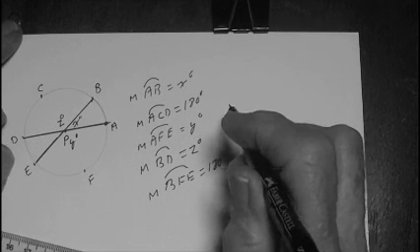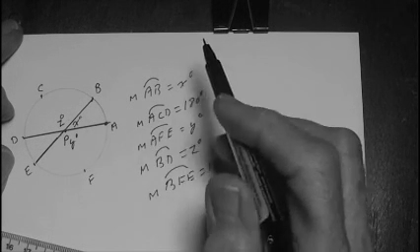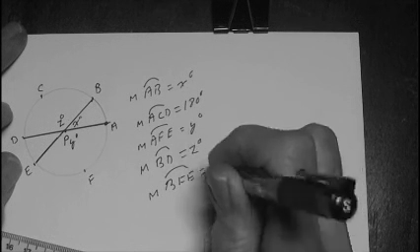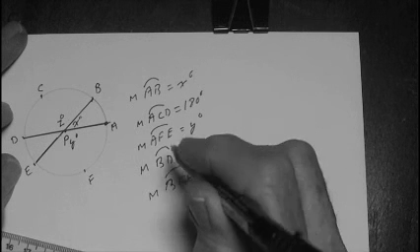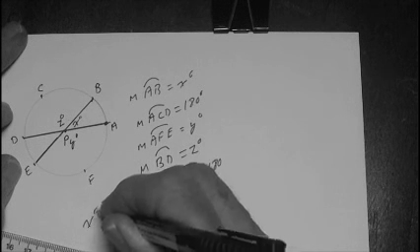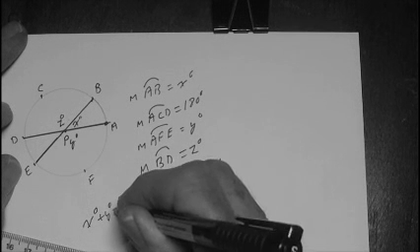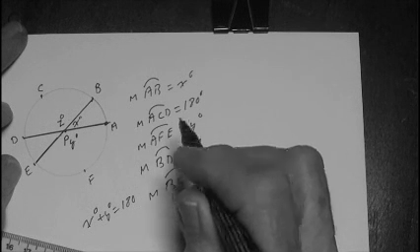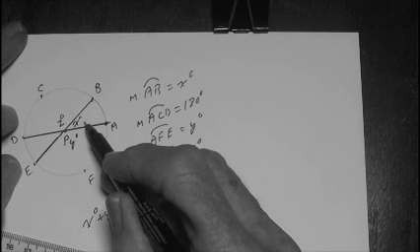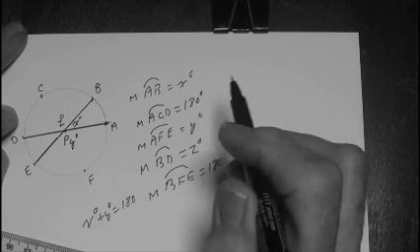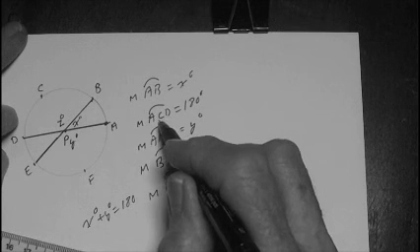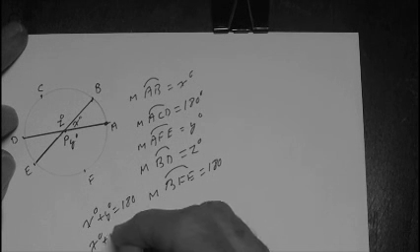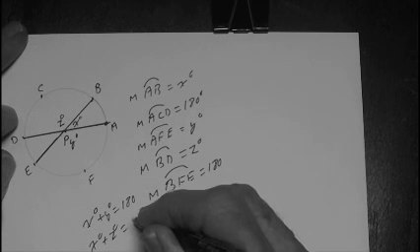Now, since arcs are measured by their central angle, if I take x and y and add them together, I'm going to have BFE. X plus y would equal 180 degrees. And going the other way, x plus z, we're going to be arc ACD, x plus z, would also equal 180 degrees.